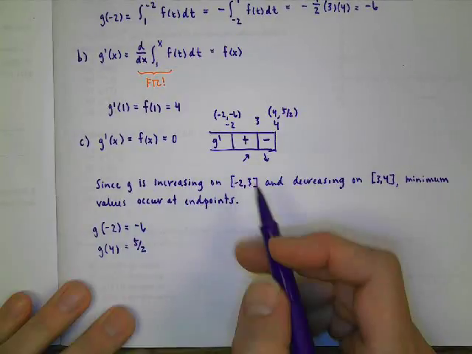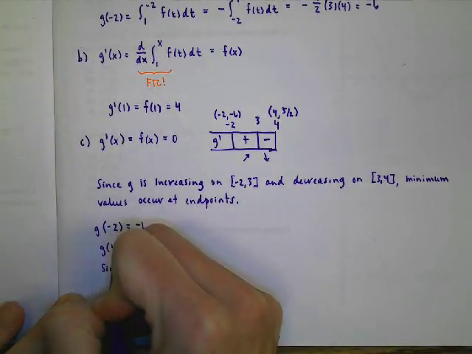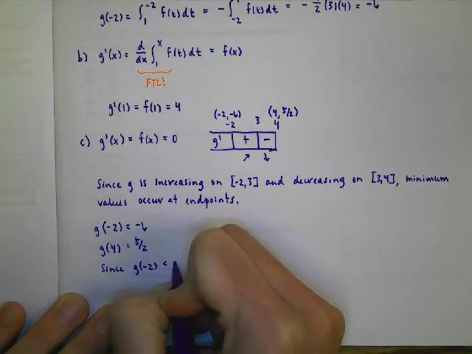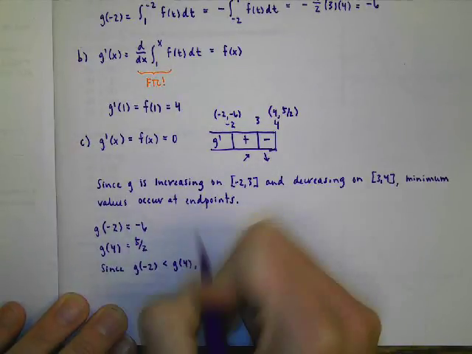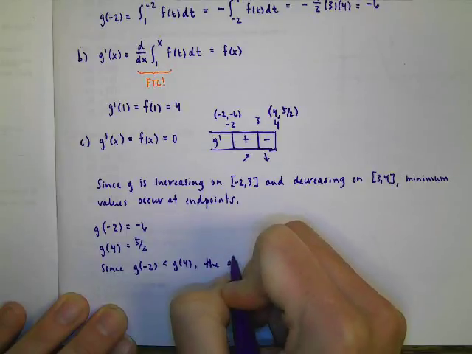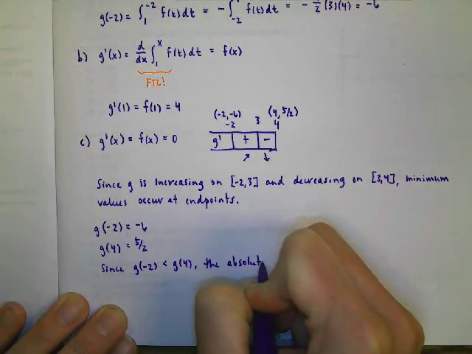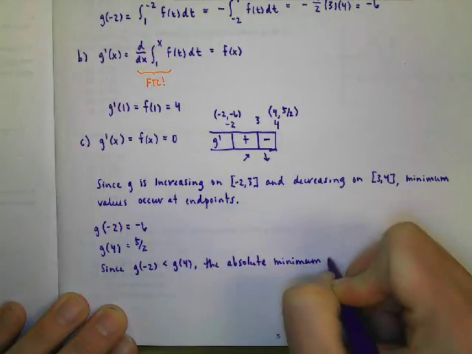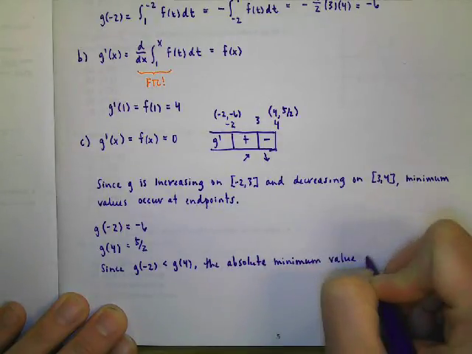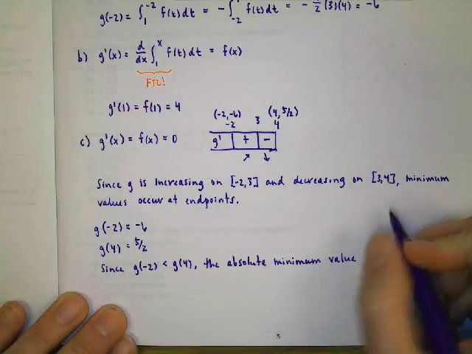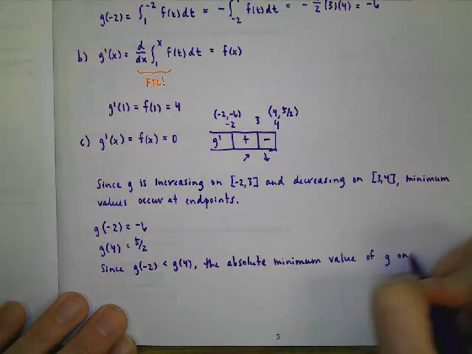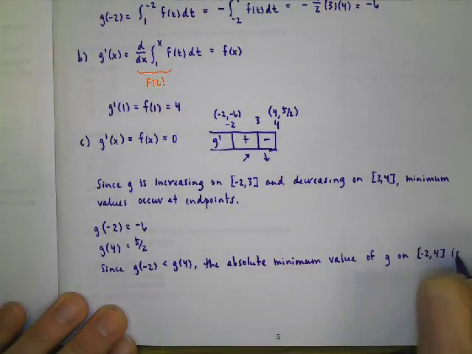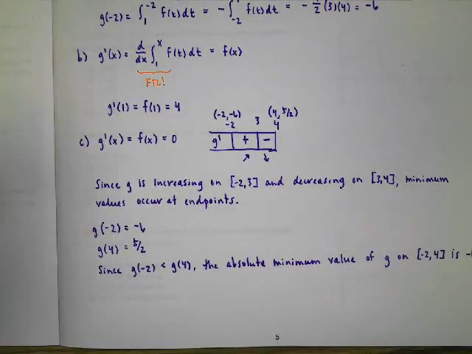So I'm going to say, since g of -2 is less than g of 4, the absolute minimum value of g on the interval from -2 to 4 is -6.